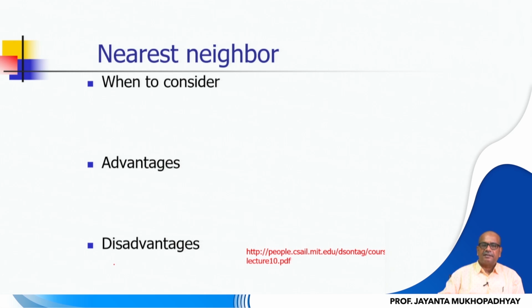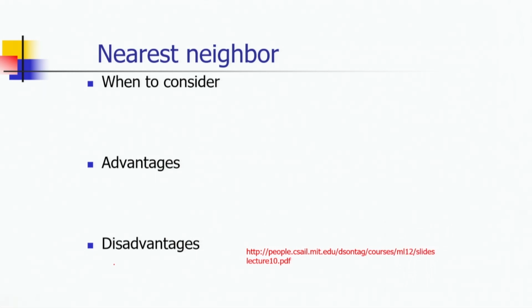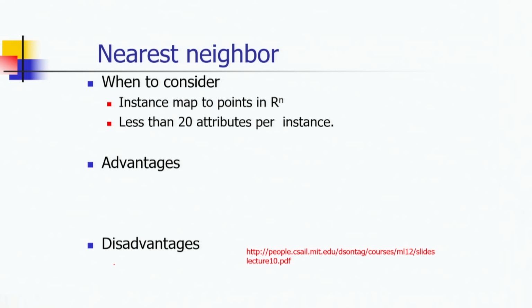Now, there are some issues related to nearest neighbors that we need to understand. First, when should you consider it? When the instances map to points in an n-dimensional space, and usually, for the sake of computation, we should not take a large multidimensional space.